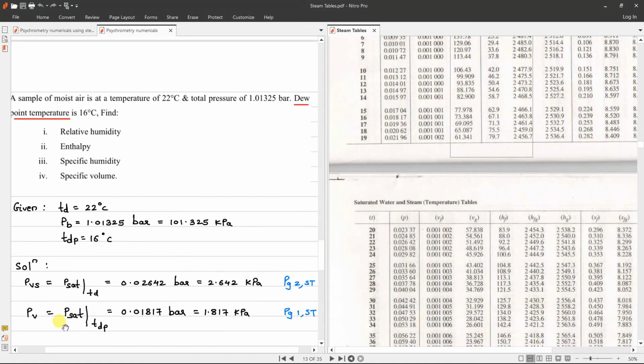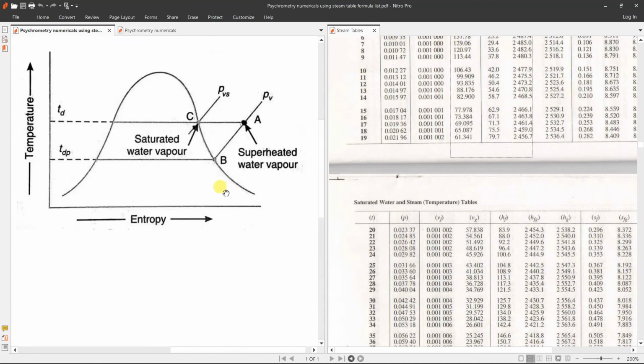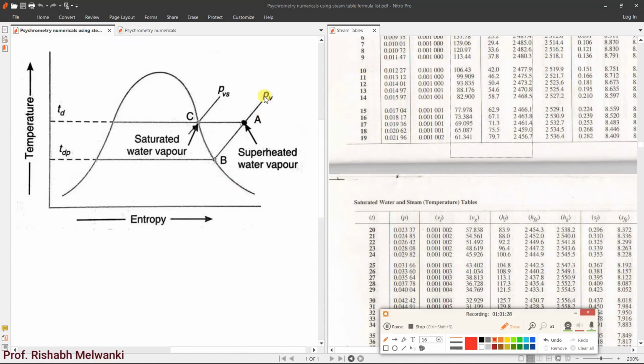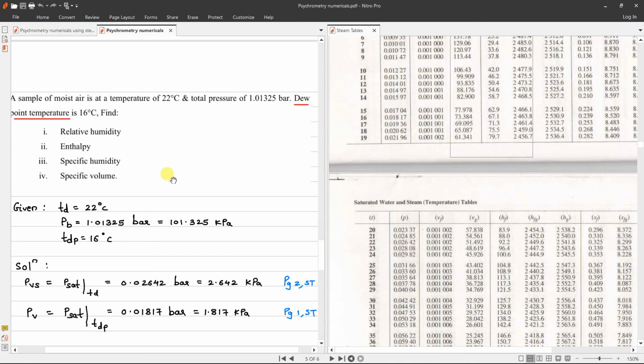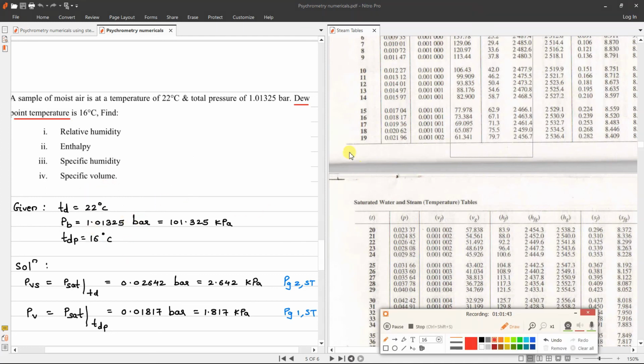Okay, now next we will calculate PV. How to calculate PV? Understand that. PV is Psat at TDP and TDP is given in the question. So in the temperature tables itself we have to get that value. So TDP is how much? 16. Okay, so observe this.